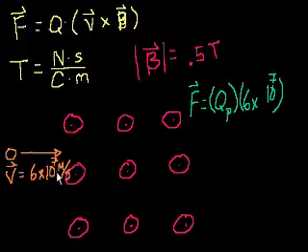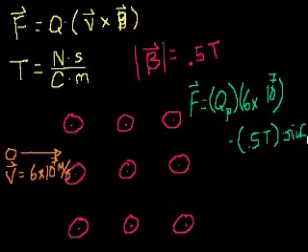We're using all the right units. If this was centimeters, we'd probably want to convert it to meters. And then times the magnitude of the magnetic field, which is 0.5 Teslas. I didn't have to write the units there, but I'll do it. Times sine of the angle between them.